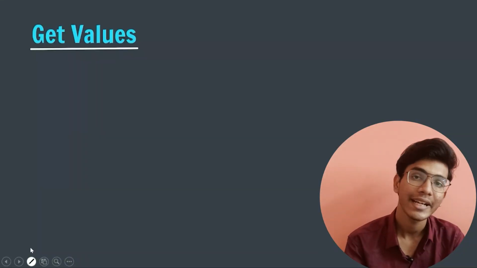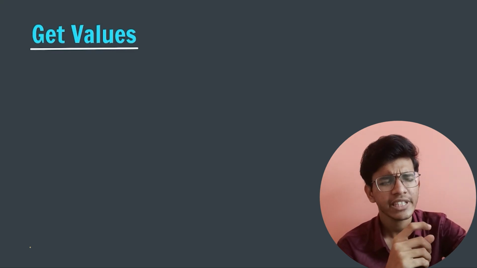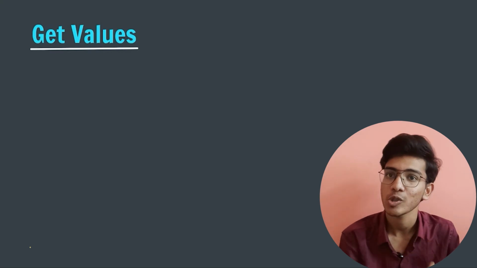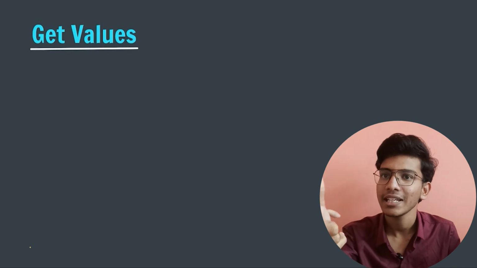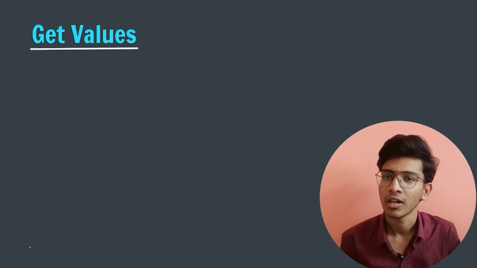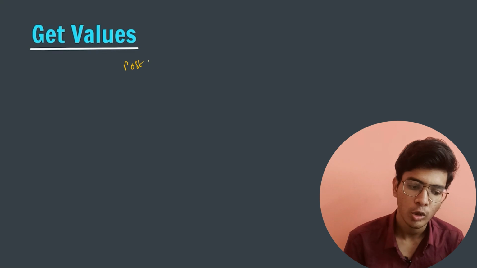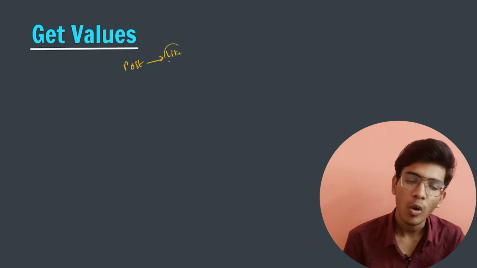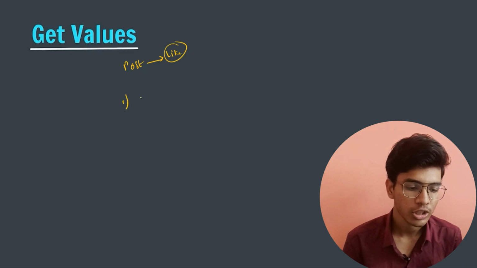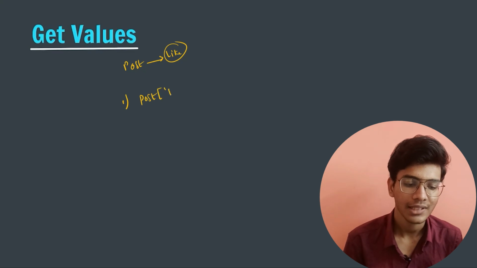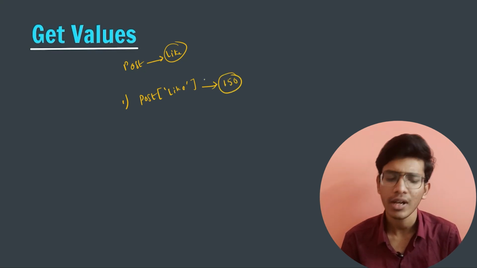The next thing is we need to get the values. For example, I have created a post, and now I just want to see how many likes there are for this particular post. How can I see that? I can access a particular key-value pair using 2 methods. The first method is post of, and here I pass likes, and this will give me 150.